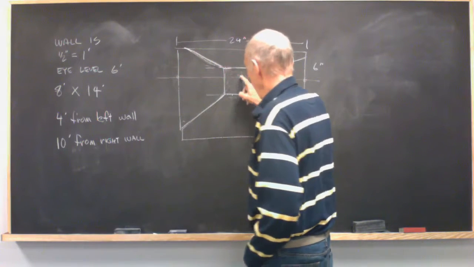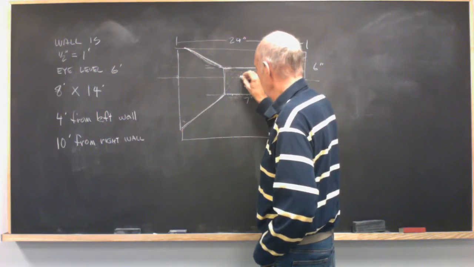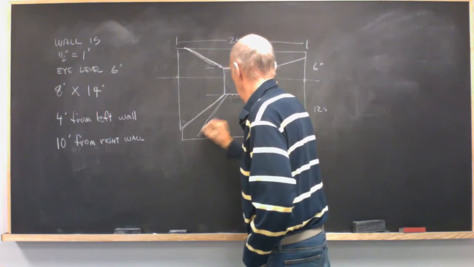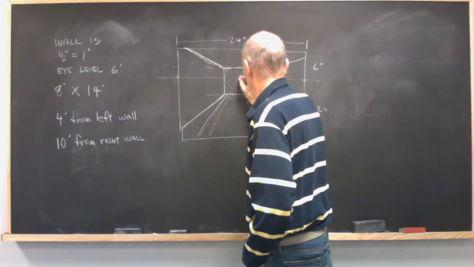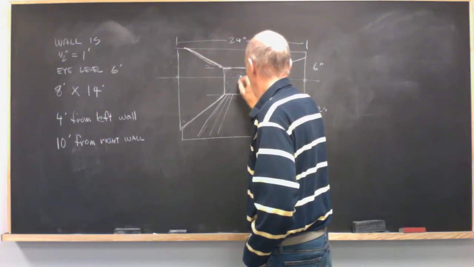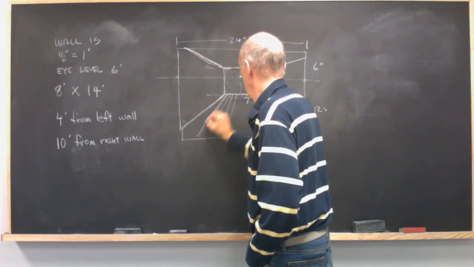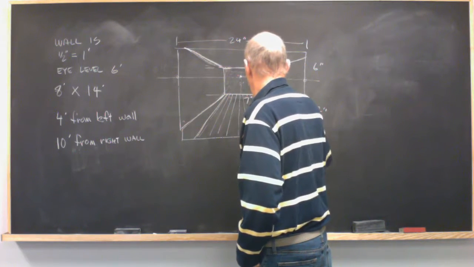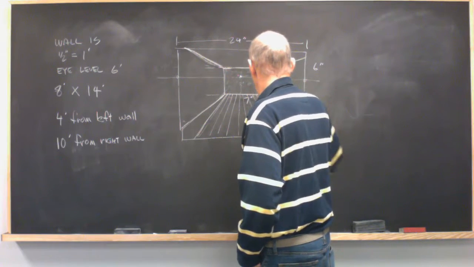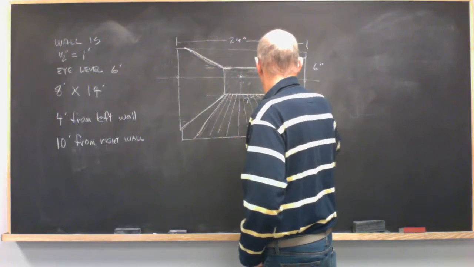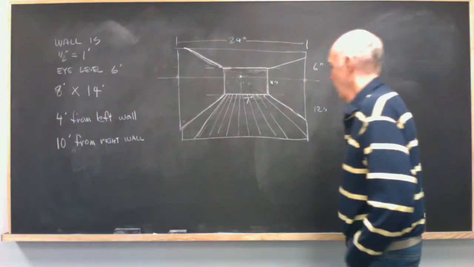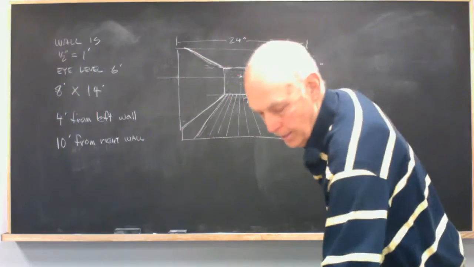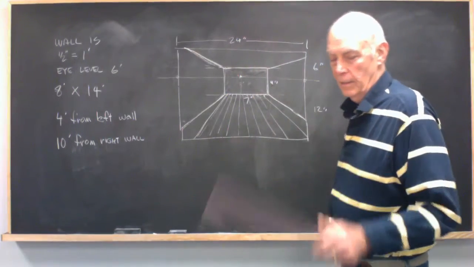Now, every 1/2 inch, if I go back to this vanishing point here, of course, mine's not to scale. If I had my ruler, I could do it very easily.